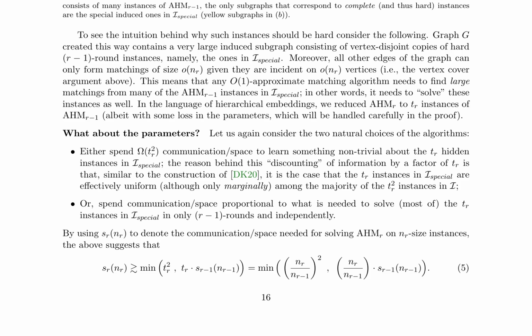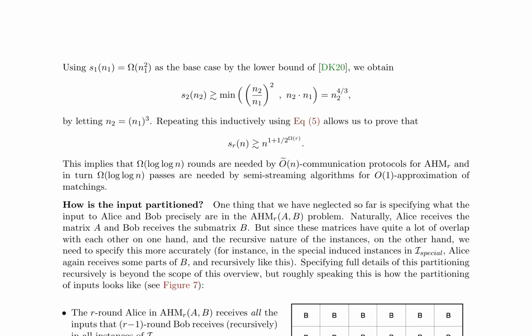This leads to the conclusion that the communication space needed for solving AHM_R on N_R size instances is at least min(t² r, t_R·S_{R-1}(N_{R-1})), where S_R(N_R) denotes the communication space needed for solving AHM_R on N_R size instances.